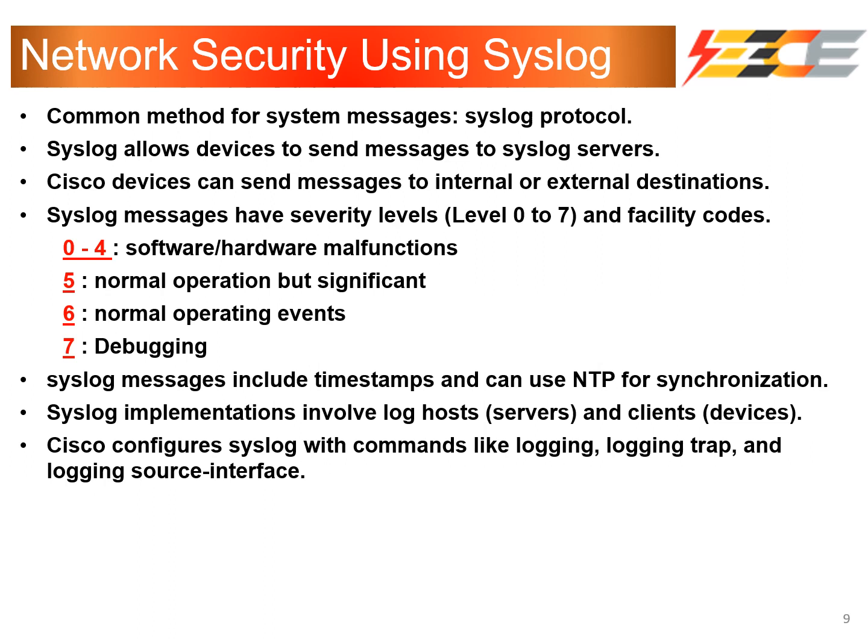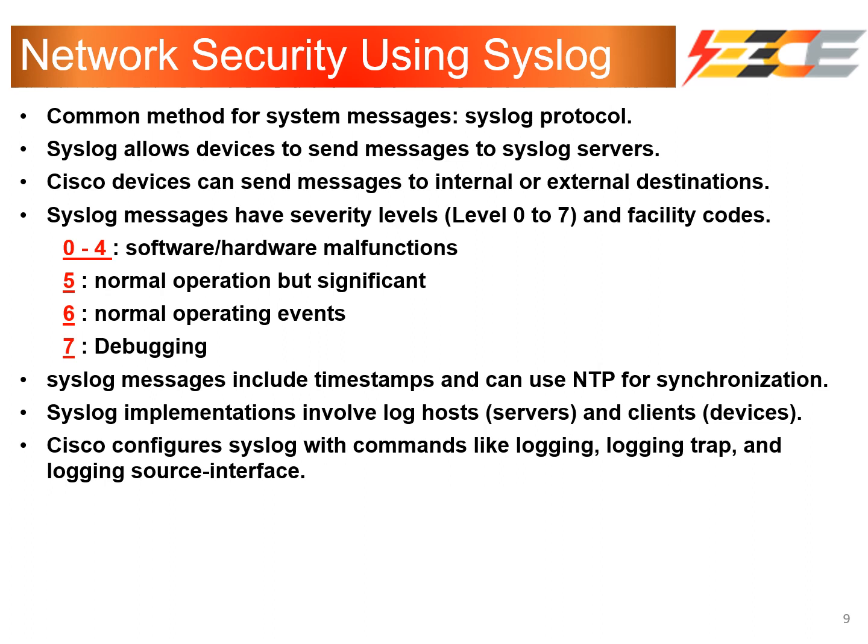Syslog messages have severity levels ranging from level 0 to 7 and facility codes. Level 0 to 4 is for software or hardware malfunctions. Level 5 contains messages for normal but significant operations, while Level 6 is for normal operating events, and Level 7 is for debugging messages.